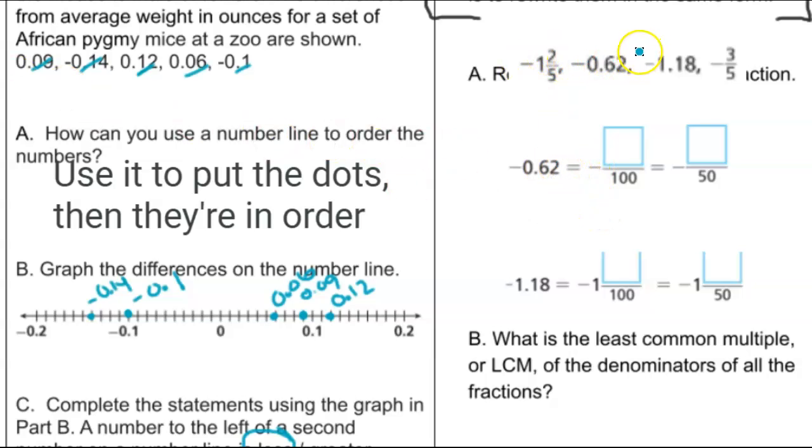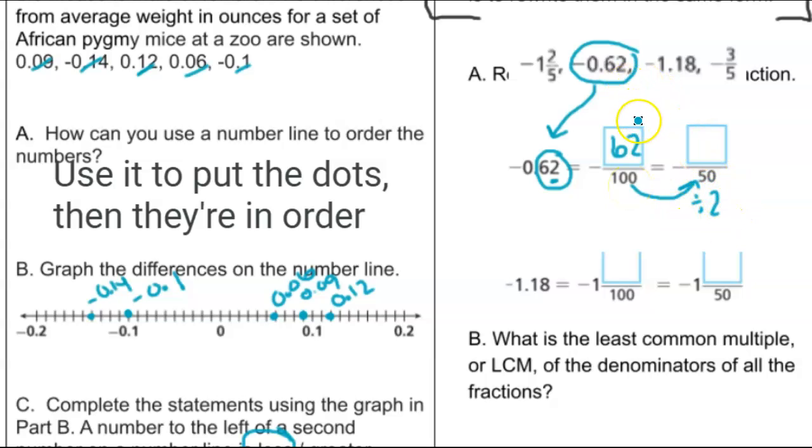But this actually says rewrite each decimal as a fraction. So that's what we're going to do right here. We're going to start with this one, and they already dropped it down here for you. The 2 is in the hundredths spot. Remember, tenths, hundredths, thousandths, place value. That's why we have 100 here. And then we're going to put a 62 above it. To make 100 be 50, we're dividing by 2.